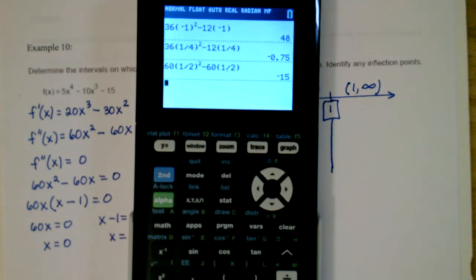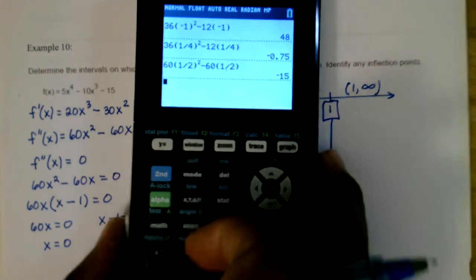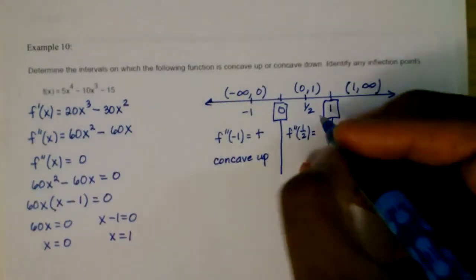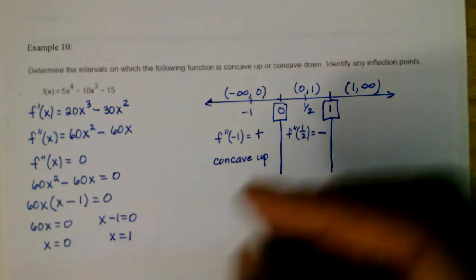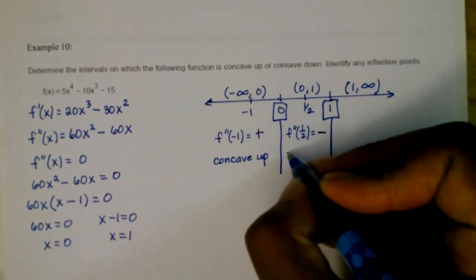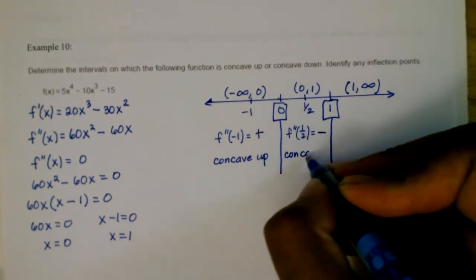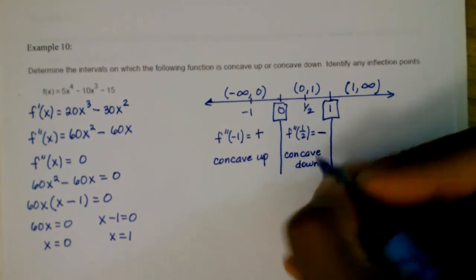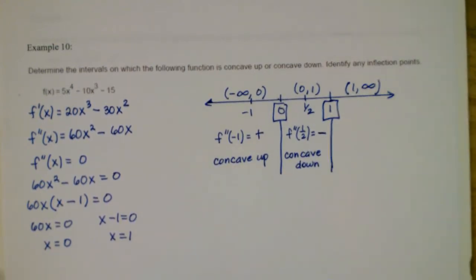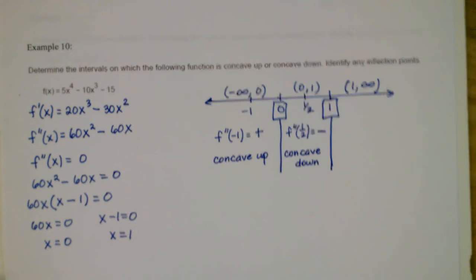Here I end up with negative 15. And it's negative, so that means between 0 and 1, I'm going to get values for f double prime of x that will be negative. Okay, so that means that the graph of the function is going to be concave down.